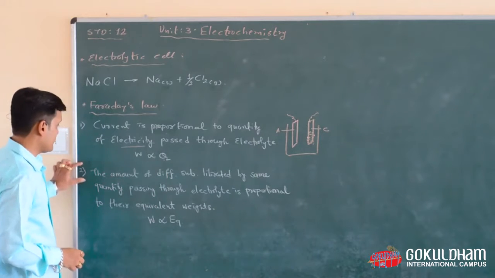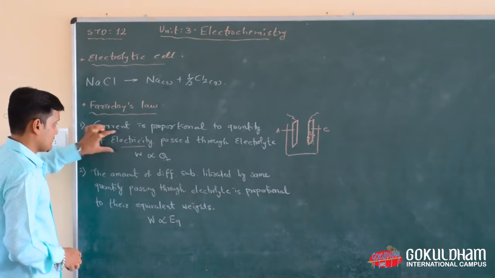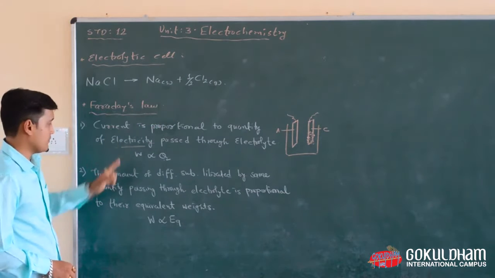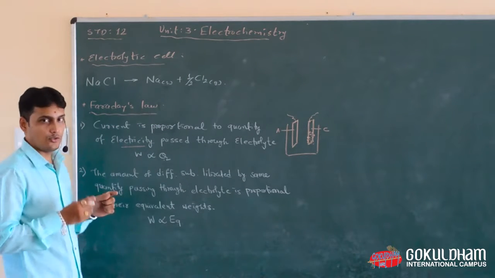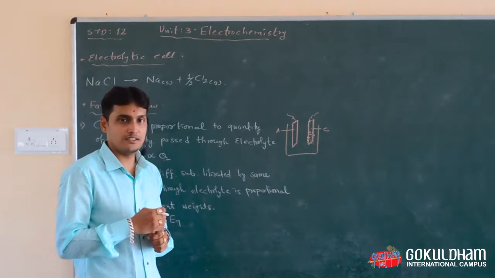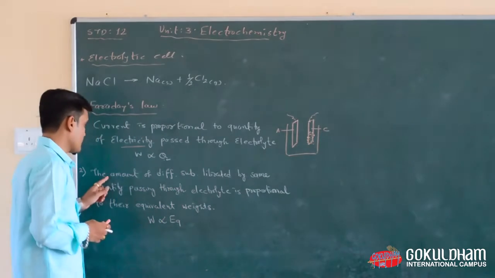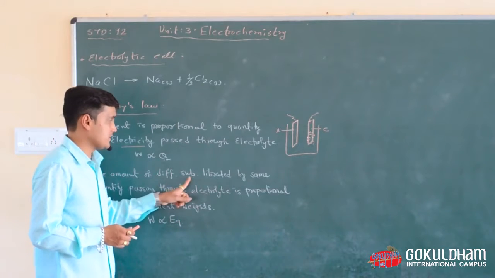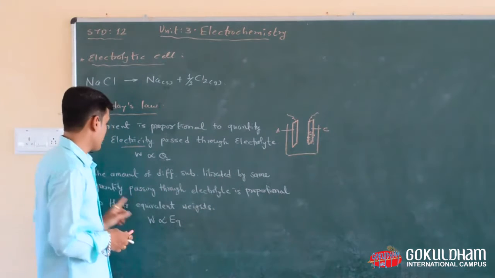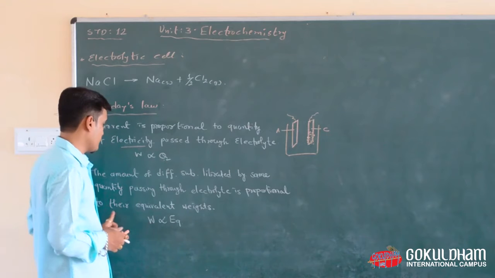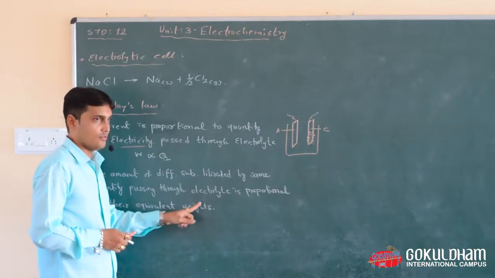In the second rule, where there is one metal or one metal pair, but when more than two substances are used in series in an electrolytic cell, the rule is that the amounts of different substances liberated by the same quantity of electricity passing through the electrolyte are proportional to their equivalent weights.